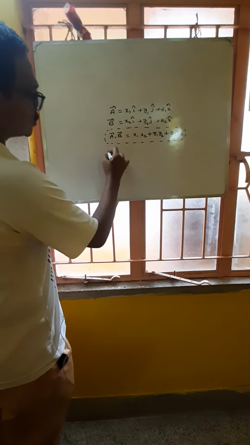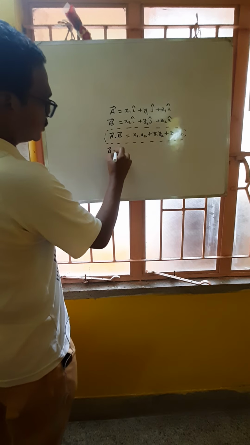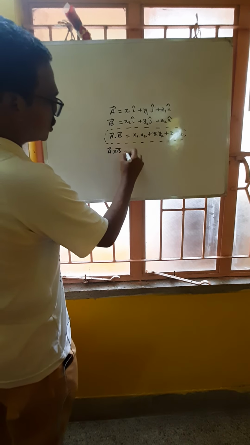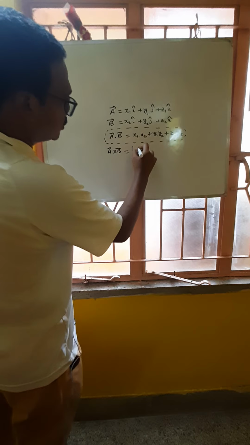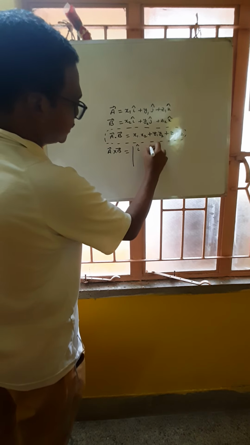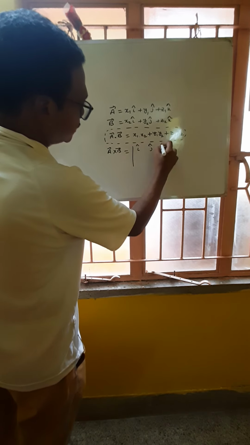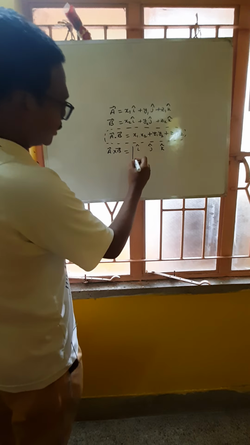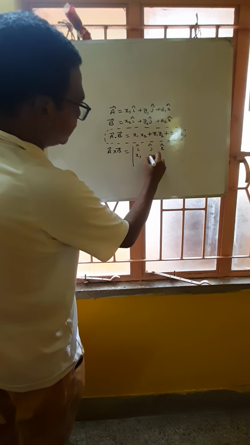Now a cross b using position vectors. In case of position vectors, we are using a different tool from mathematics, that is determinants. So we are using determinants to find a cross b there, right guys?